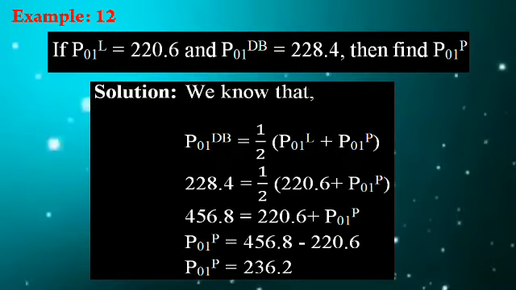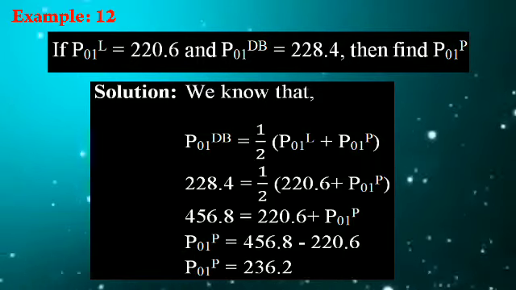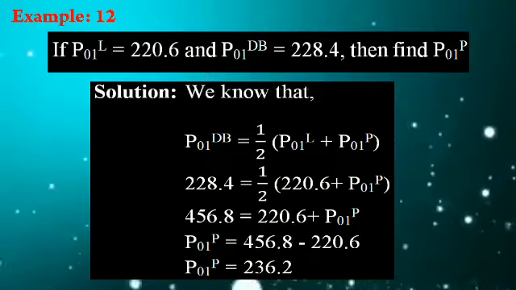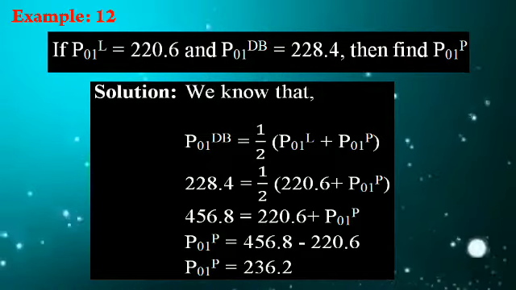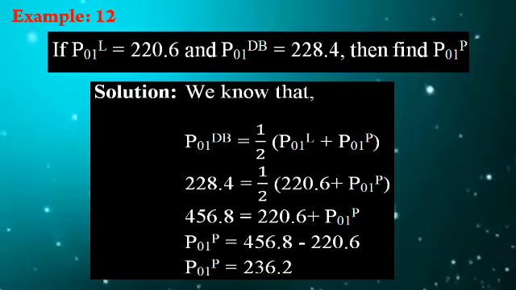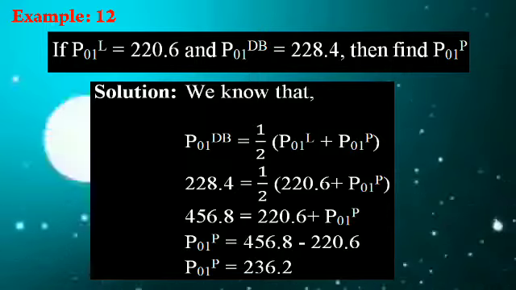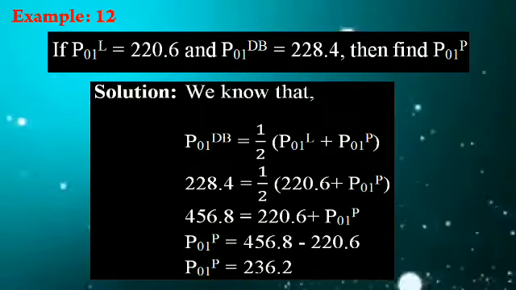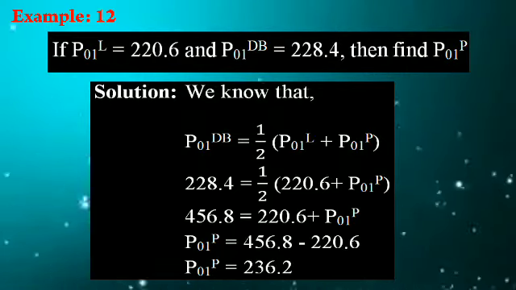Substitute that value. 228.4 equal to half into 220.6, which is the Laspeyres price index number, plus the unknown value P01 of P as it is. Now next step, you should simplify that. Cross multiply, that is 228.4 into 2 equal to 220.6 plus P01 of P.